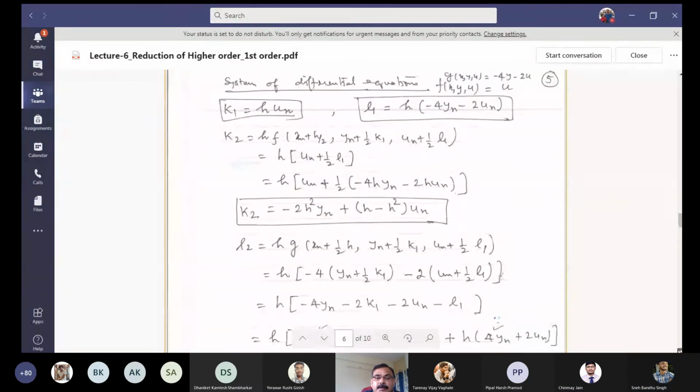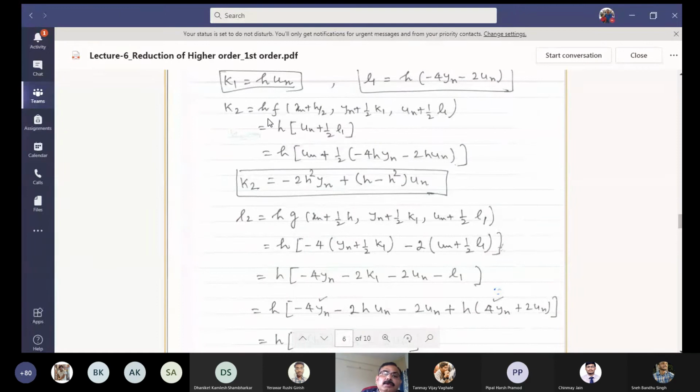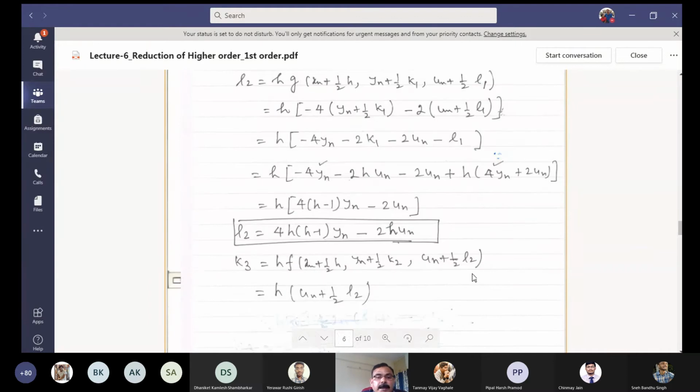Then for L2, K2 we have calculated, L2 we have to calculate. Exactly the same way, your K1 you can put, L1 is also available, you can put the value, simplify that, and then you get that L2 is this quantity.